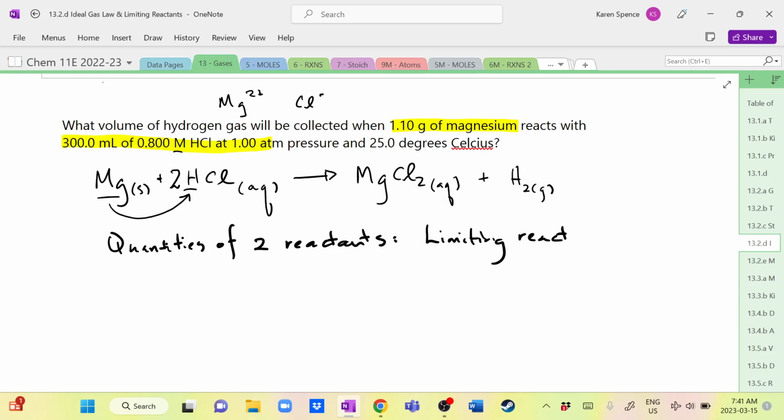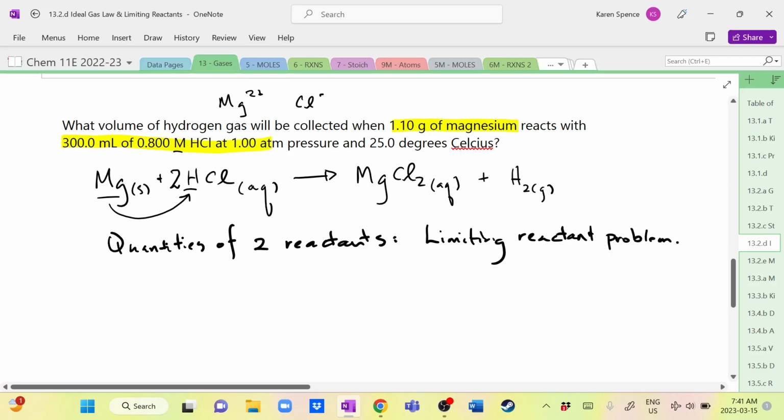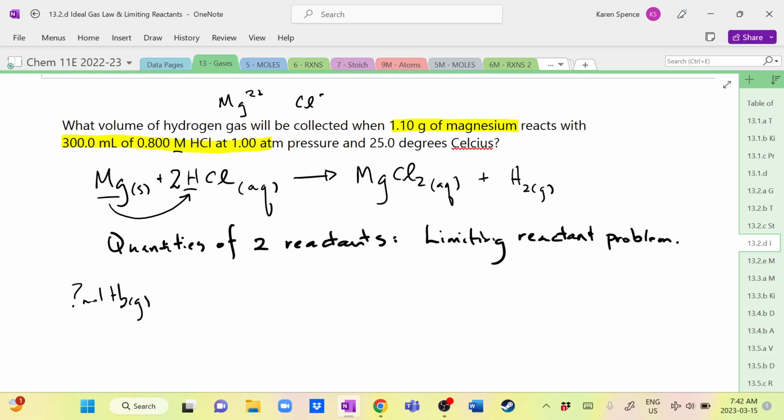Because our 1.10 grams of magnesium can make a certain amount of hydrogen gas, the 300 mils of 0.8 molar HCl can make a different amount of H2 gas. So what we're going to do is solve: how many moles of H2 gas can we make from the magnesium?